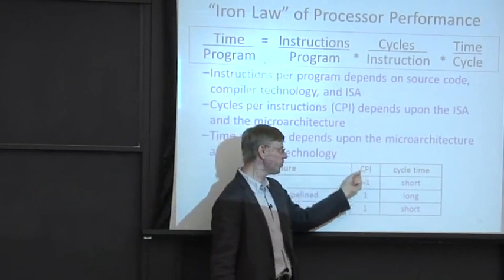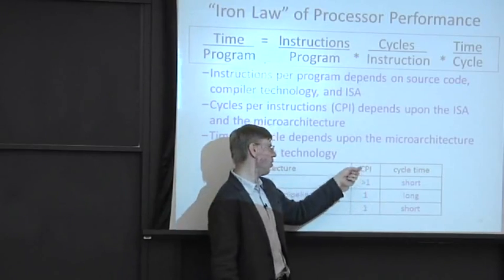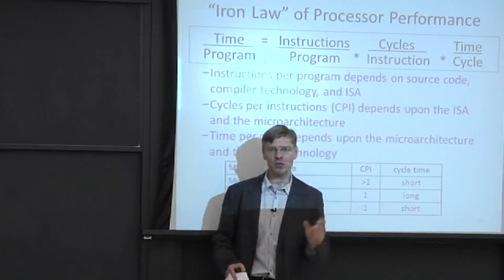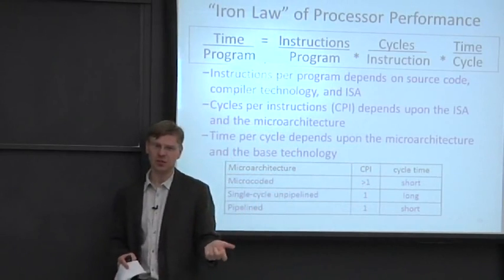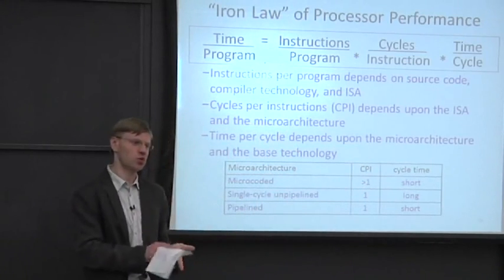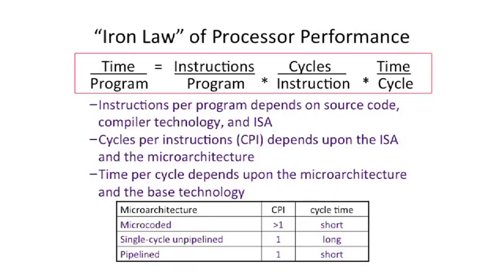And the inverse of this, if you take 1 over CPI, you get this other unit of measure, which is very common in computer architecture, called instructions per cycle. It's just the flip of CPI. So sometimes you'll hear us talk about IPC, and sometimes we'll talk about CPI. And it's really important to know which is which. So you want a low CPI and a high IPC, because that means better performance.